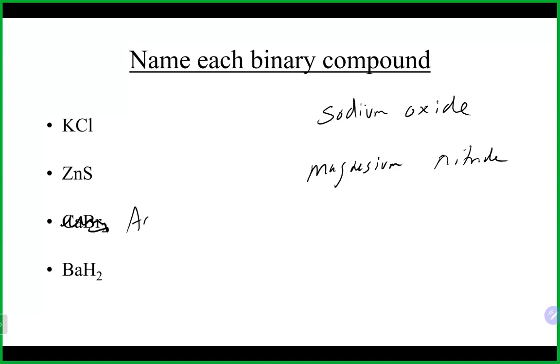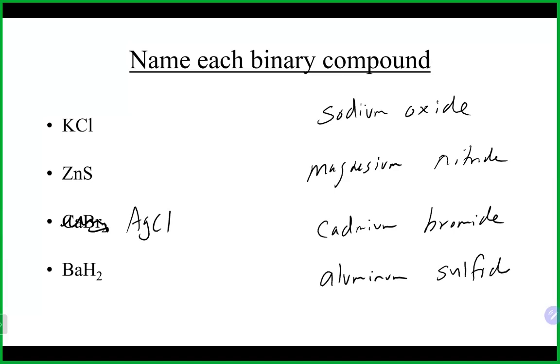Now let's do AgCl. Let's do cadmium bromide. And I don't know, let's do aluminum sulfide. All right, let's do names on the left and proper formulas on the right.